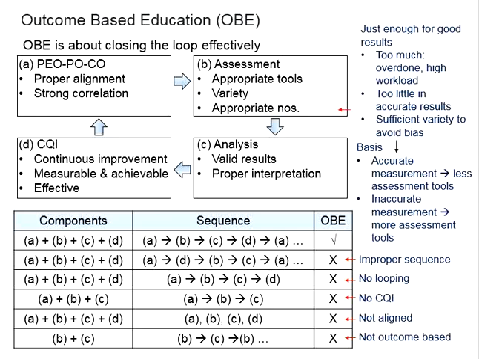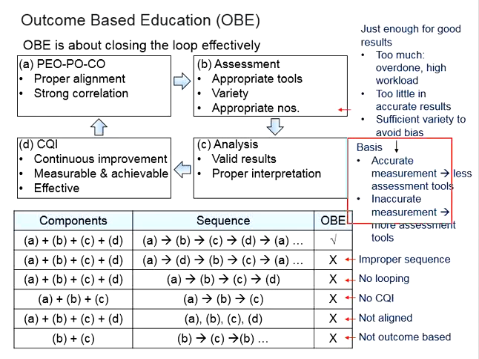Now you have to fine-tune yourself to have the assessment with an appropriate assessment tool, with a good variety of assessment tools, and with an appropriate number for you to acquire just enough for good results. And that's it. You will have to find a balance between having the high workload on this OBE versus the effort that you put into the teaching and learning for the program.